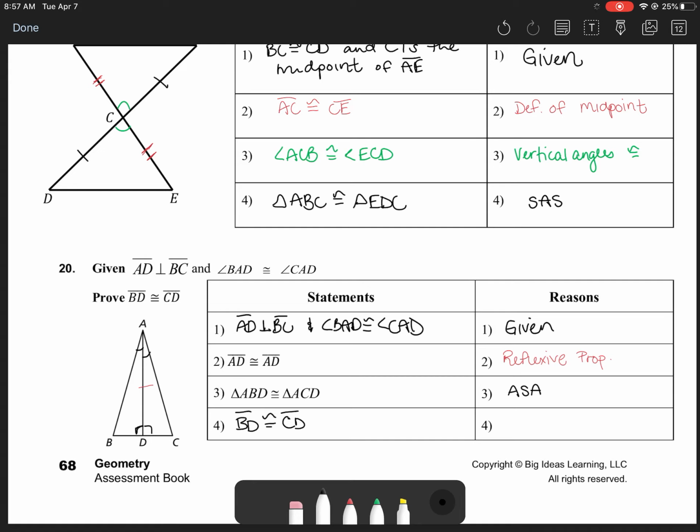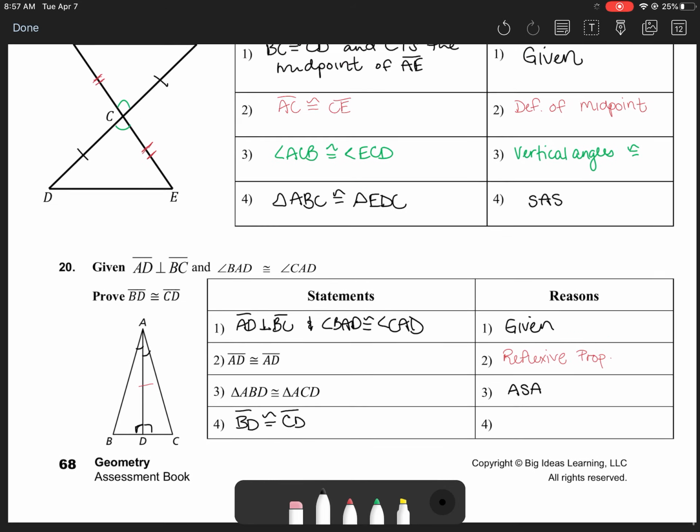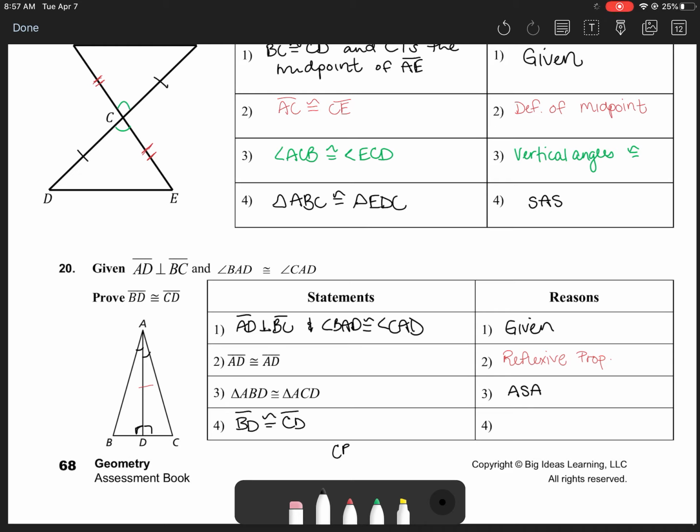So here's the thing. I know that the triangles are congruent now. Because I know the triangles are congruent, I can use something called CPCTC. Corresponding parts of congruent triangles are congruent.